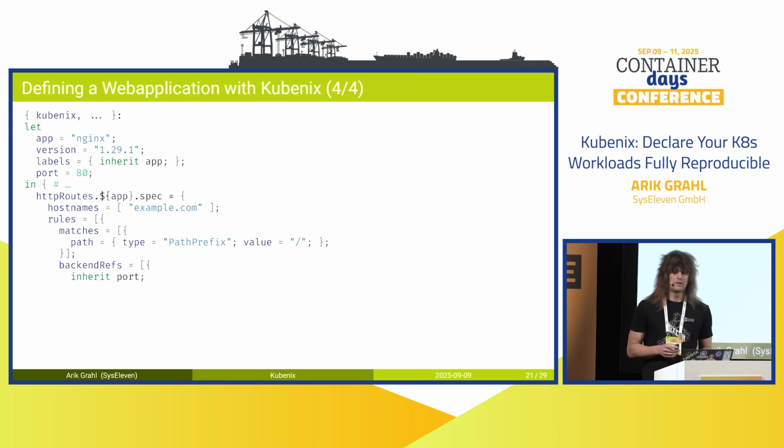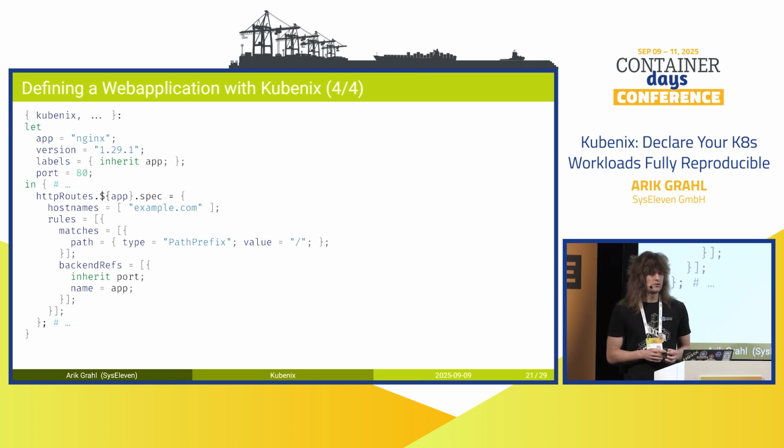Therefore, we are inheriting the previously defined port number and use the app variable to derive the name. So this makes sure that we are matching the service, which is already coupled to the deployment. As you can see, Kubenix doesn't just let you write YAML with Nix, it enables you to build, validate, and compose whole application stacks in a way that's clean, reliable, and fully reproducible from end to end.